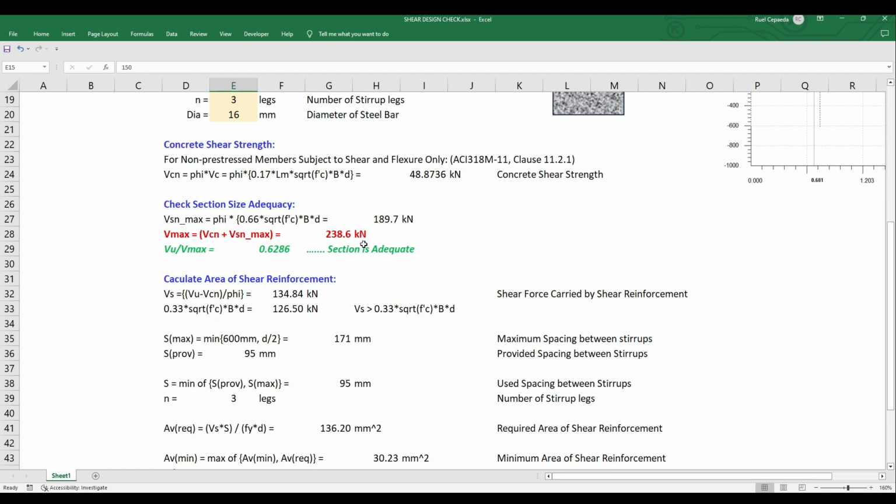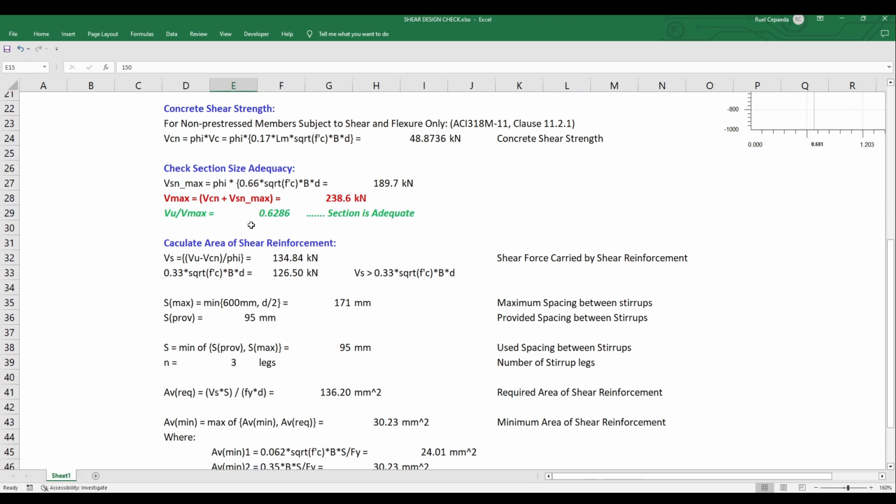It's 238.6 kilonewton. Checking the ratio of Vu over Vmax, it should be less than or equal to 1.0. So our ratio here is 0.628, so the section is adequate.